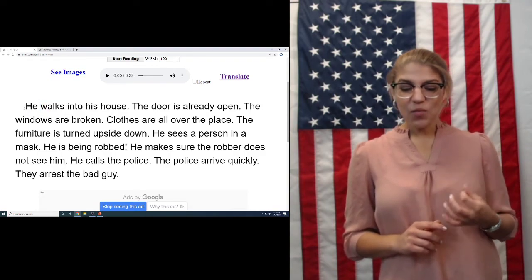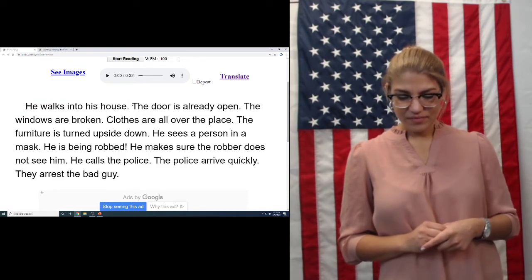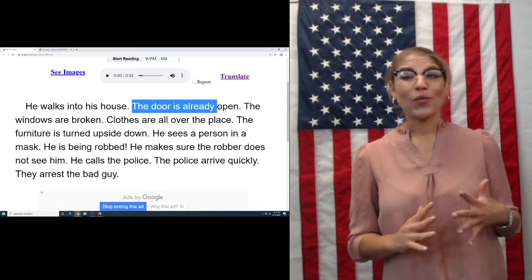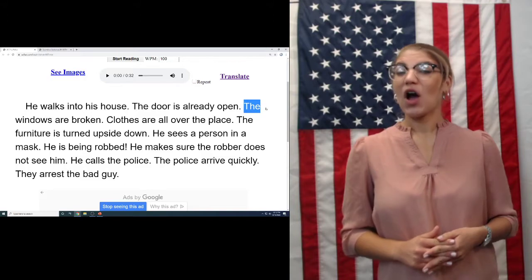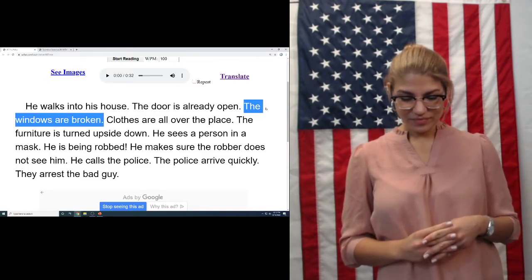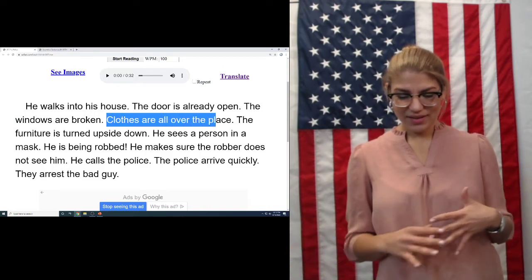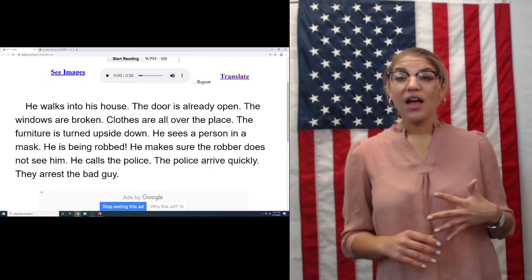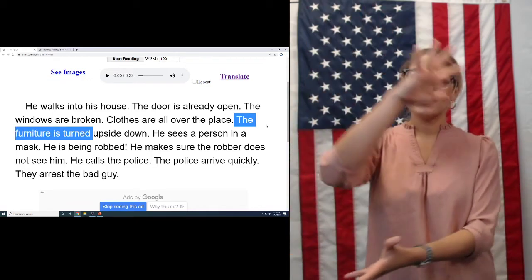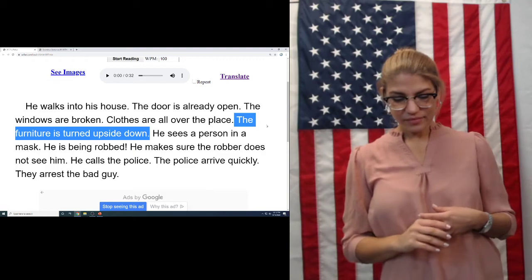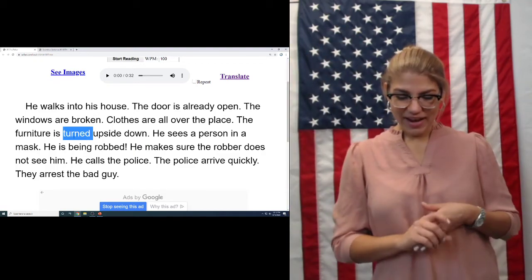Okay. He walks into his house. The door is already open. The windows are broken. Clothes are all over the place. The furniture is turned upside down.